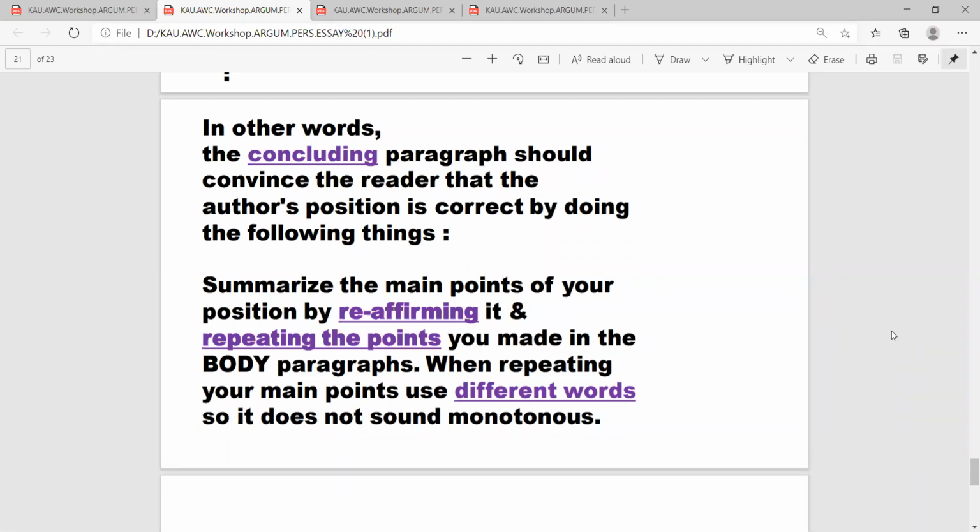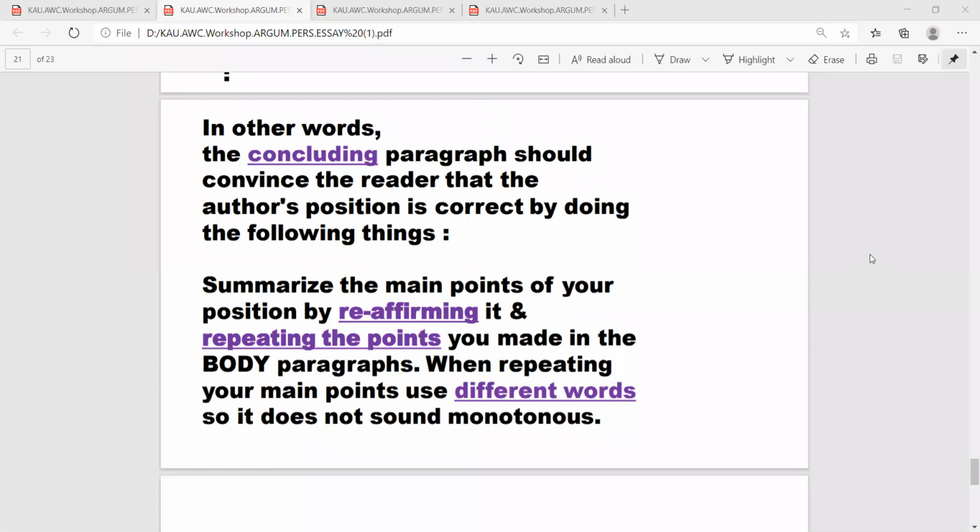Your final paragraph should be the one that you exit your essay. So when you exit, make sure you make a good exit. Make sure it's convincing. Of course, your introductory paragraph should be very convincing as well when you enter by introducing your topic, but the concluding one as well.